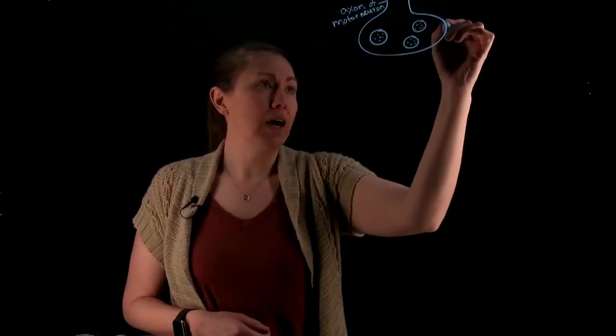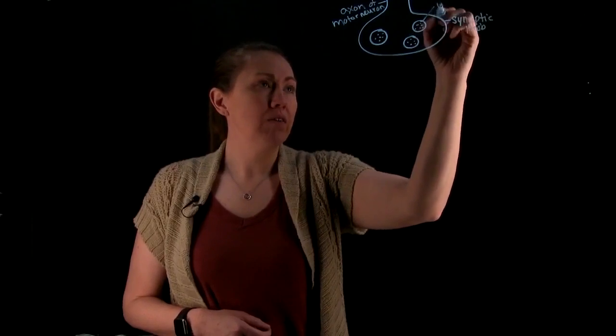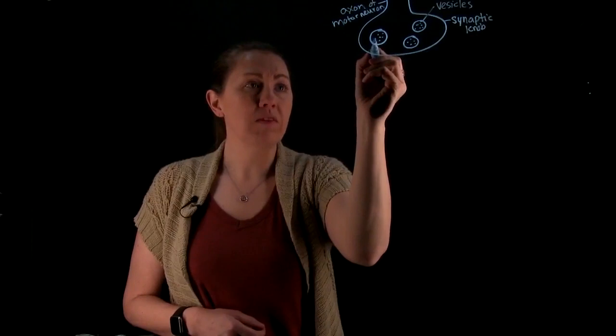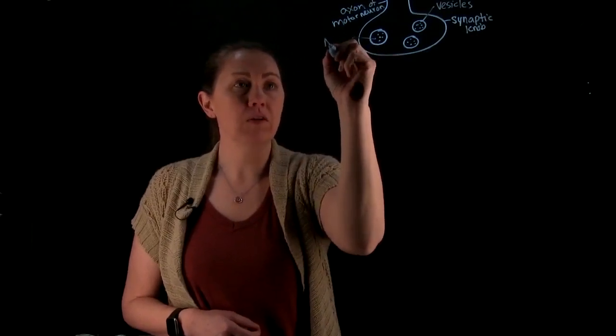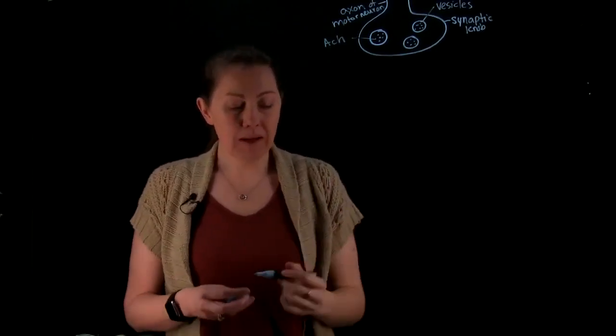So here's our synaptic knob that's containing the vesicles. And since we're talking to a muscle, specifically the neurotransmitter in there is acetylcholine. So ACH is the abbreviation. So we're going to send that message to a muscle.